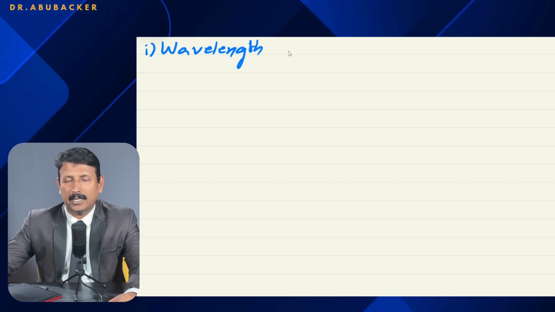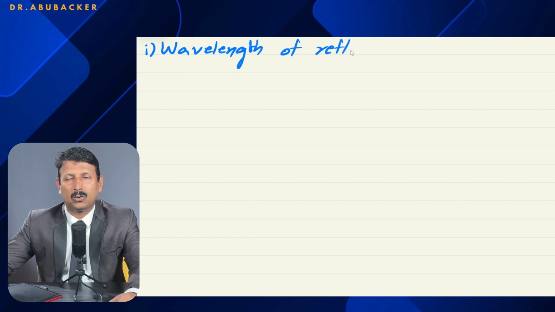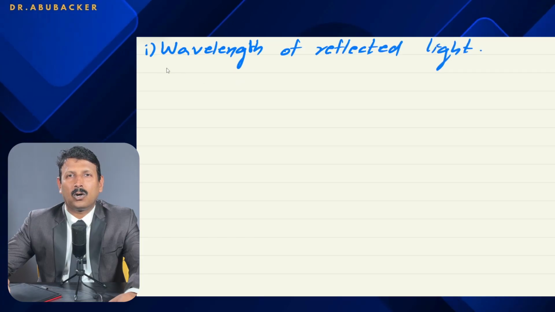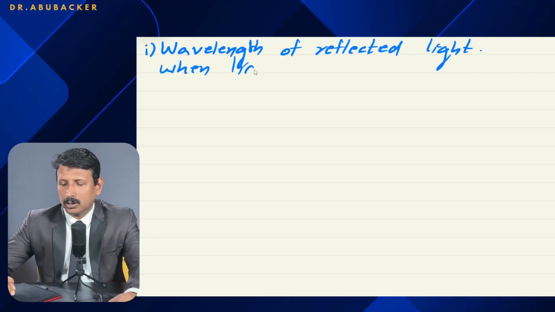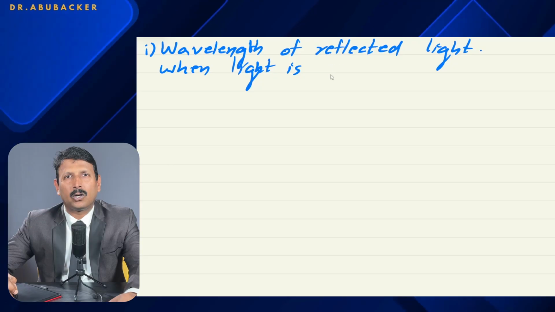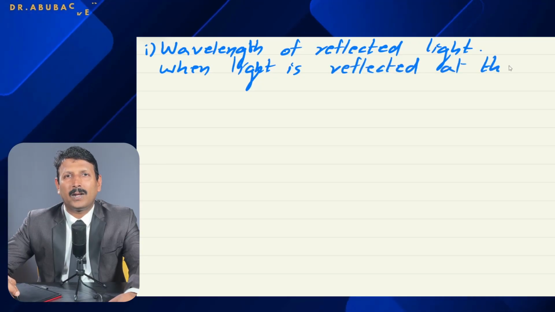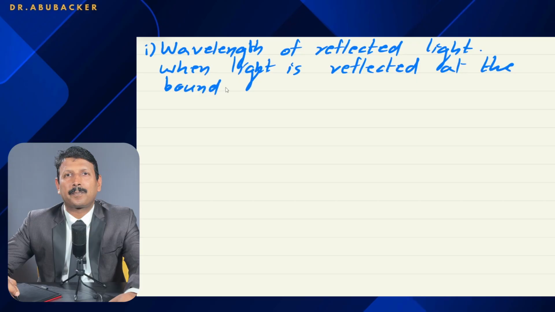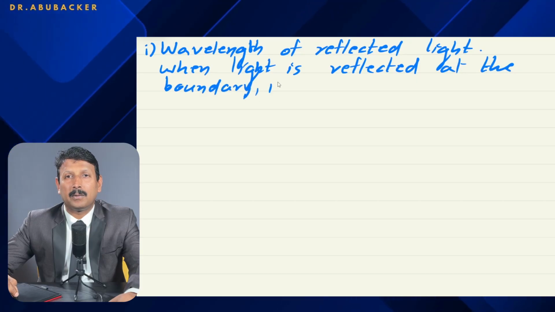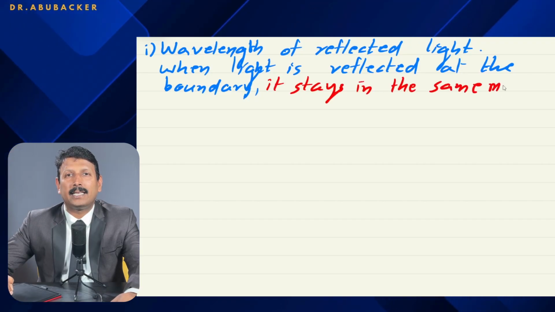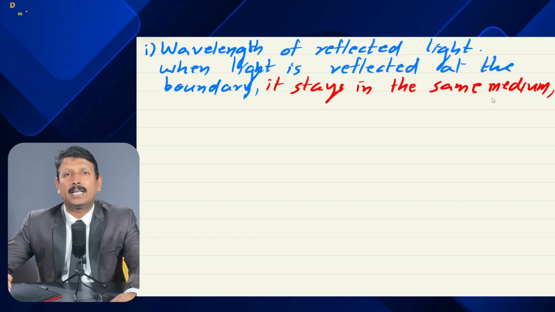Then we can enter into the answer part. There are two questions: the wavelength of the reflected light and the wavelength of the refracted light. First, the wavelength of the reflected light. When light is reflected at the boundary, remember the image I drew before, the incident ray and the reflected ray are both in the same medium, that is air.